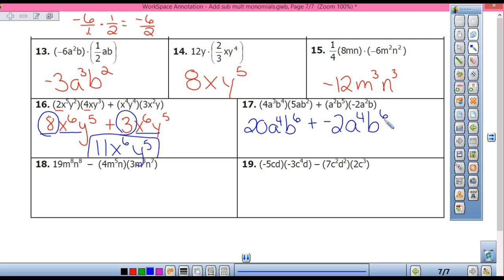B to the sixth. So do I have like terms? Yep. So Caleb, if I combine my like terms, I'm going to combine my coefficients. So I'm going 20 minus 2, I get 18, and then everything else comes down. 18 a to the fourth, b to the sixth.